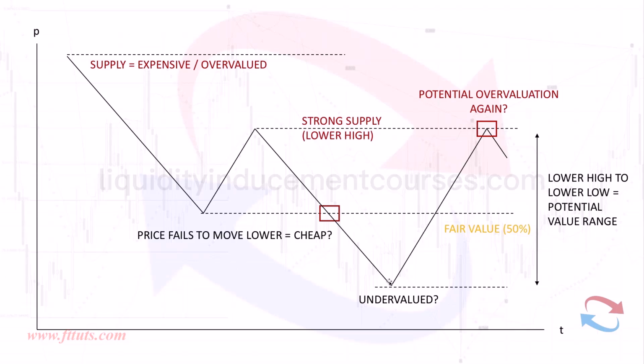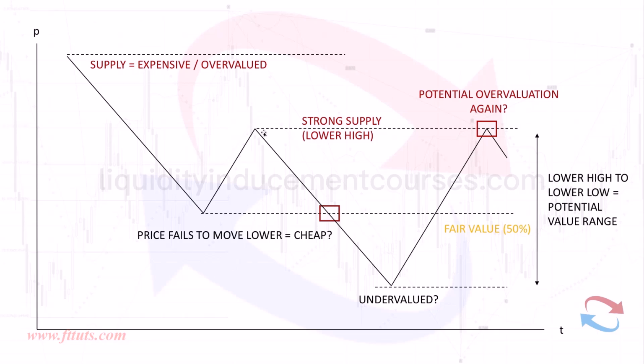So again, we go through the same process. We reach a low. This would be undervalued or a cheap area until proven otherwise. And if we come back up into the strongest area of supply, which is the source of the move that broke what would have been considered a cheap area, then obviously this isn't cheap anymore, because traders were still willing to sell and dump and get rid of the base currency, and short the base currency.